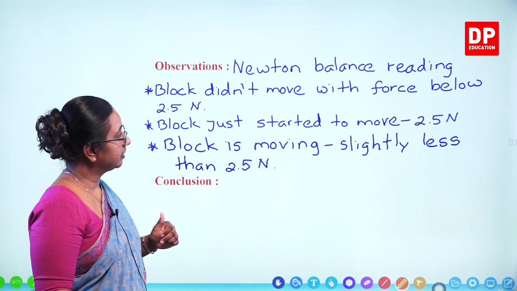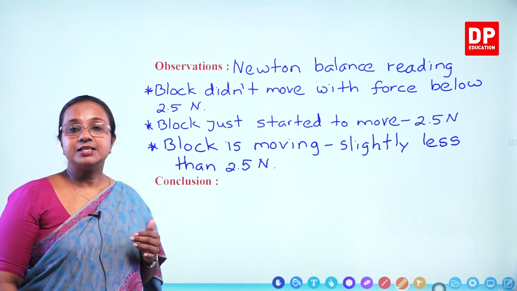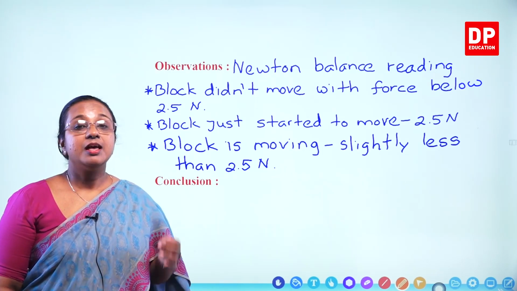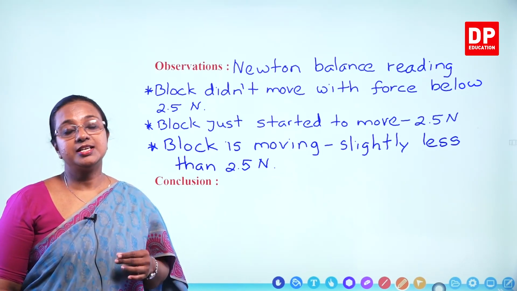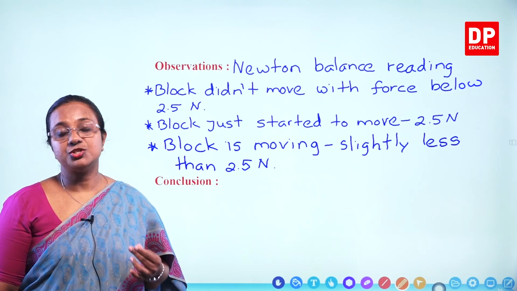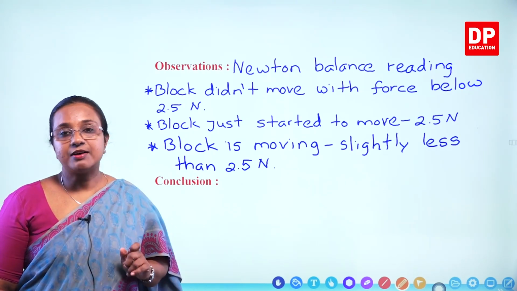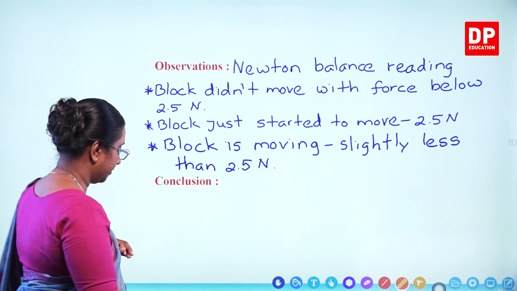The first one, we apply an external force, but there is no relative motion. Then the friction exerted by the surface is known as the static friction. So that is our first conclusion.